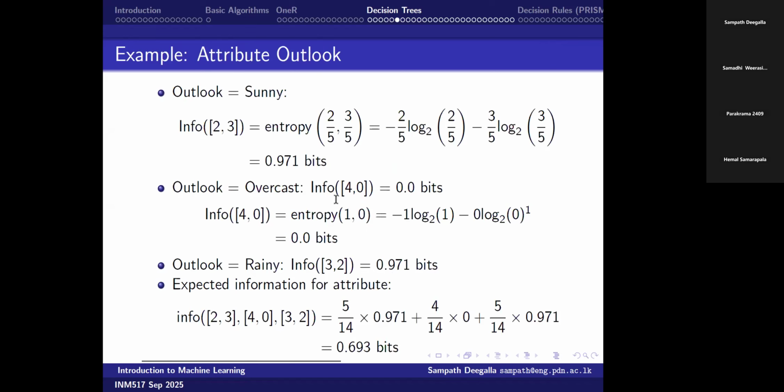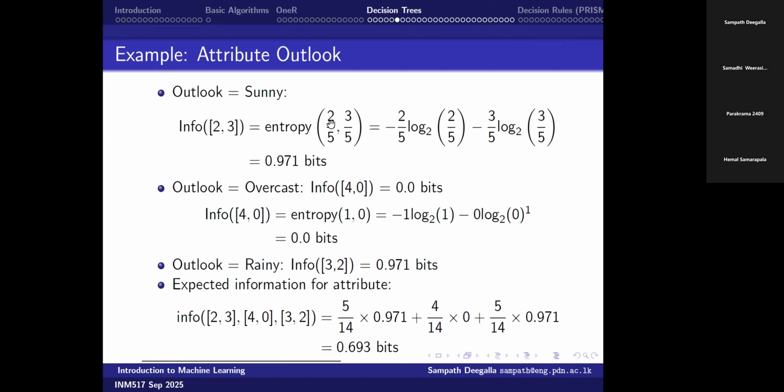So in this particular case, let me show you the calculation for Outlook is sunny. I hope you remember that in the sunny branch, we had 2 yes and 3 no's. So in this particular case, for the entropy, we have P1 and P2 as 2 out of 5 and 3 out of 5.